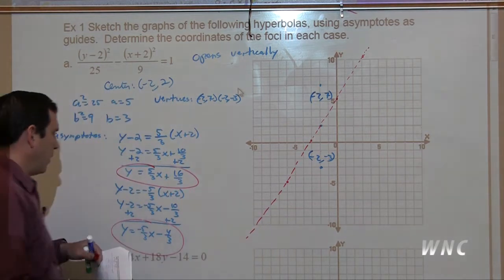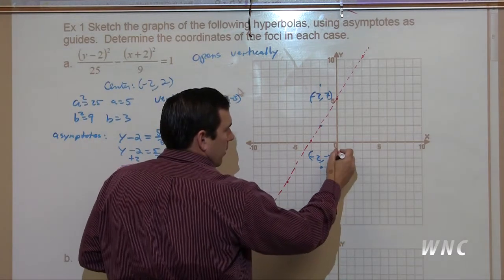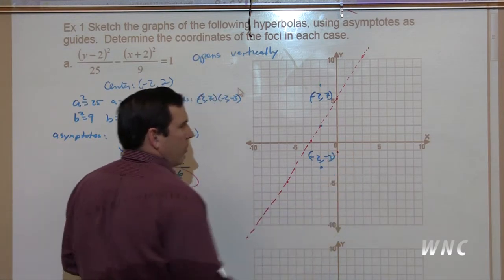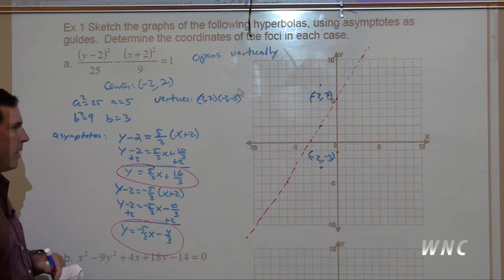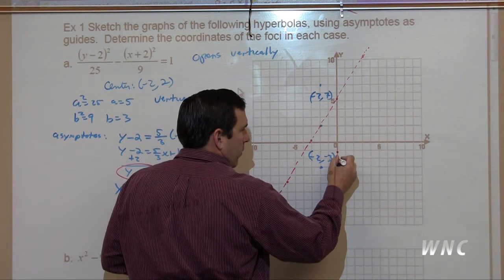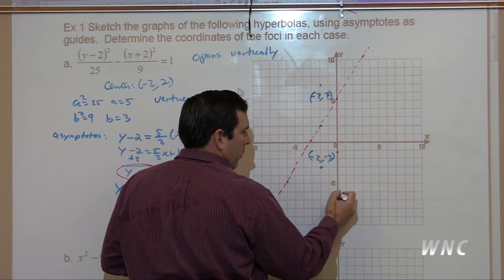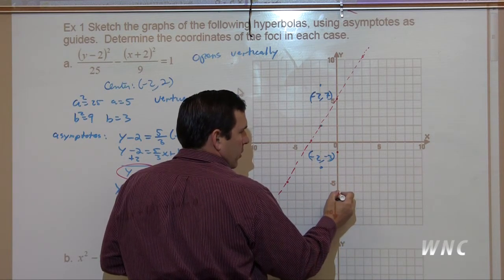And then the other one intercepts at negative 4/3. There we go. So our intercept is going to go to that point. Slope's negative 5/3. So we'll go down 5, 1, 2, 3, 4, 5, to the right 3.